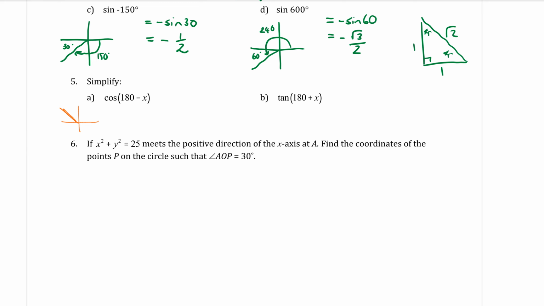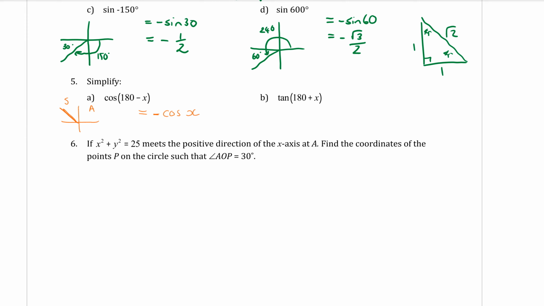If this is the all stations, that's the sine quadrant. Cos of something in that quadrant is going to be equal to cos, but negative, because we're in the sine quadrant: negative cos of whatever that angle was, the x. Yeah?